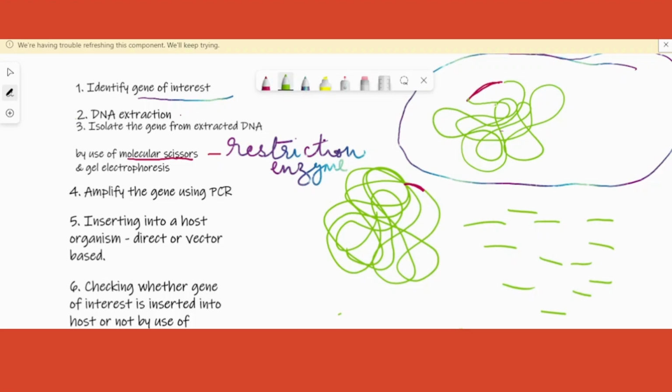I'll repeat from the beginning. You have a gene here that is of interest to you, meaning you want it for the genetic engineering process. So what did you do first? First, you identified that gene. Then you extracted the entire DNA from that organism, which is a bacteria in this case, right? So you have that entire DNA with your gene of interest in it.